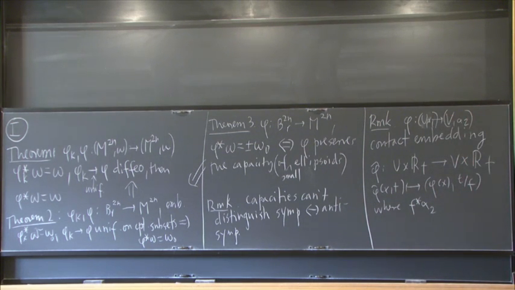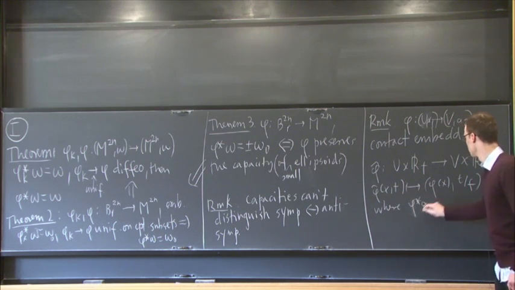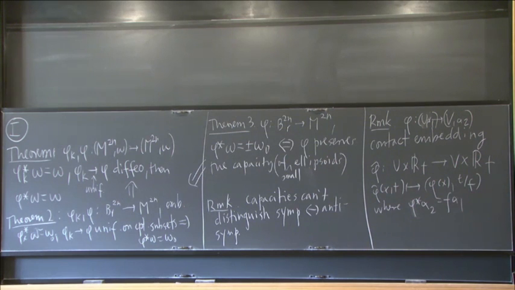So these are co-orientable. I'll come back to that later. So there's a lift, and that's a symplectic embedding. And one can try to just use the same proof using capacities for that symplectic embedding.